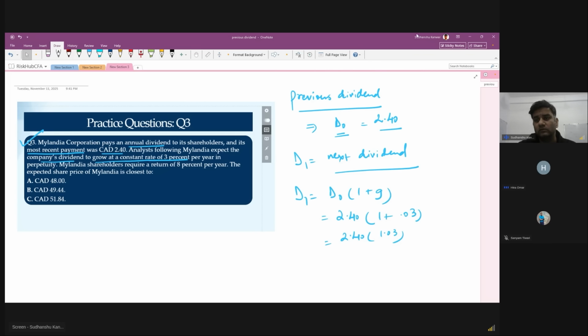What is it? 2.40 into 3 is 2.472. So D1 is 2.472.